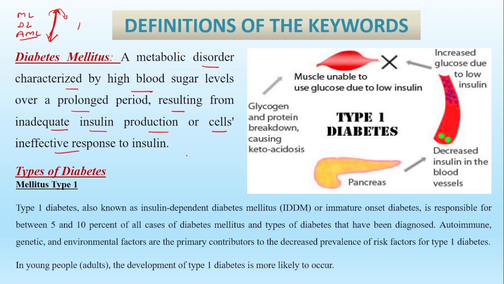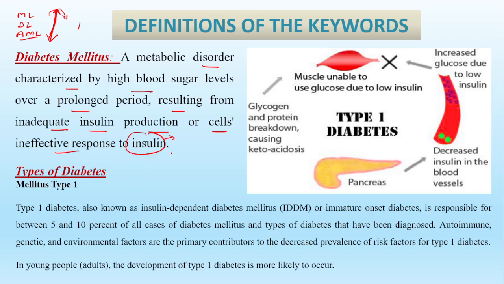This is the cause of diabetes. High blood sugar can affect the transport of glucose, and so insulin is affected.